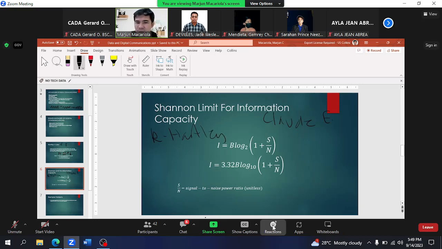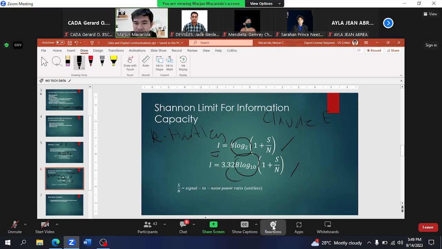So we have the information capacity I or C is equal to B log 1 plus signal to noise ratio, or 3.32 B log 10 1 plus signal to noise ratio. So basically, these formulas are just the same. It's just that this one is in base 2 and this one is in base 10.